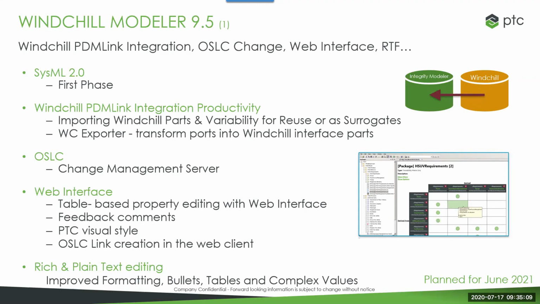We're planning some enhancements for our Windchill integration. And this is really our exporter tool, not our OSLC capability. We're planning to support OSLC change management. And this is aligned with the other products because obviously Windchill has a very well-developed change management process and capability. Similarly, RVNS.